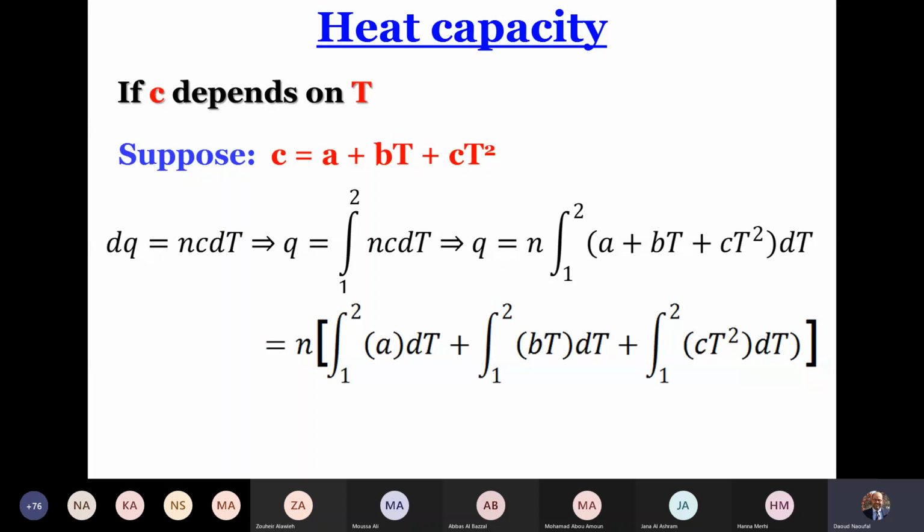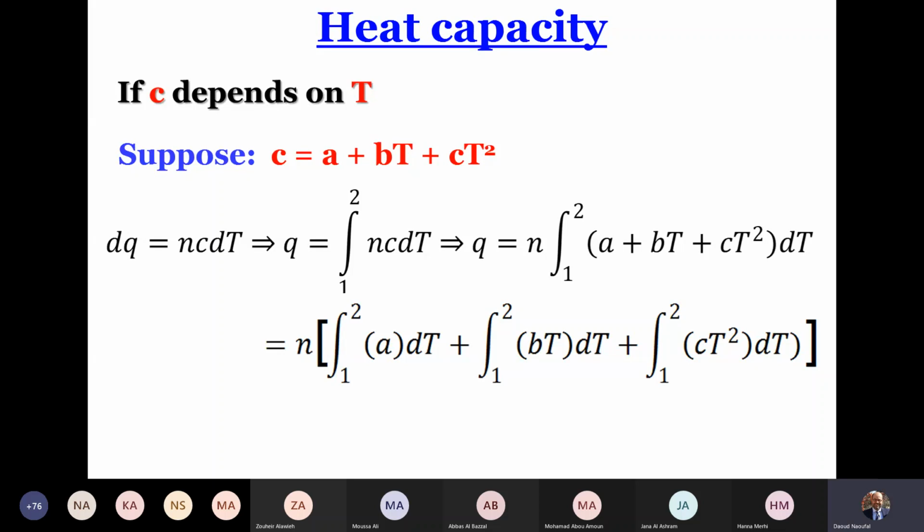How do we calculate the energy absorbed by a system to increase its temperature? We have 3 factors that affect Q. Pay attention, Q is the energy exchanged between the system and the surroundings. It is the energy absorbed by the system from the surroundings, or the energy released from the system to the surroundings. Q depends on 3 factors.